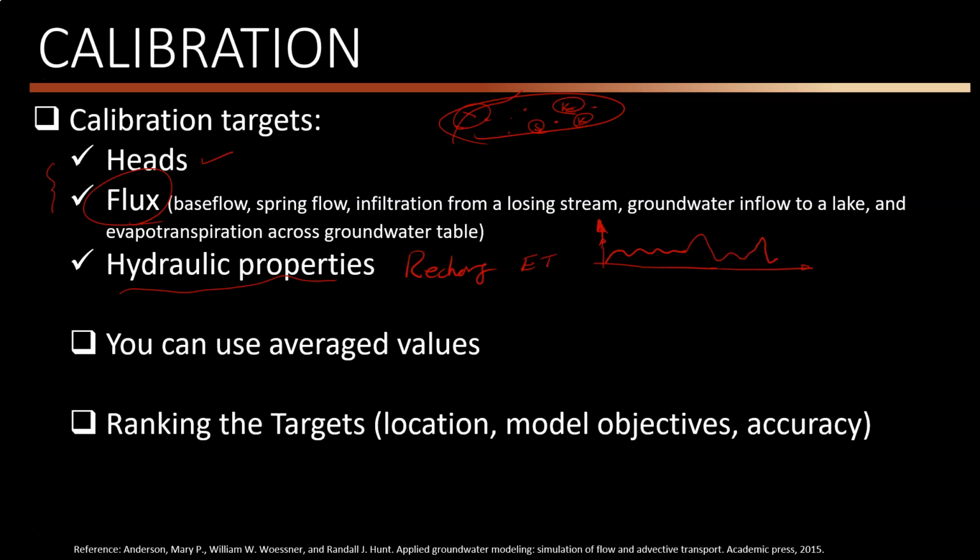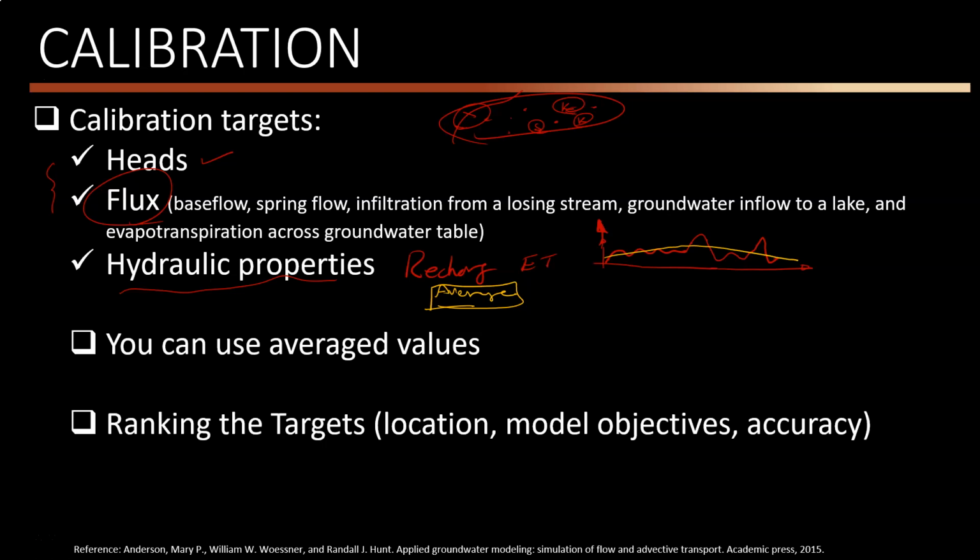So it is usually very difficult to use all of this information for the calibration. So technically we can again use average data or average information to better calibrate our models.